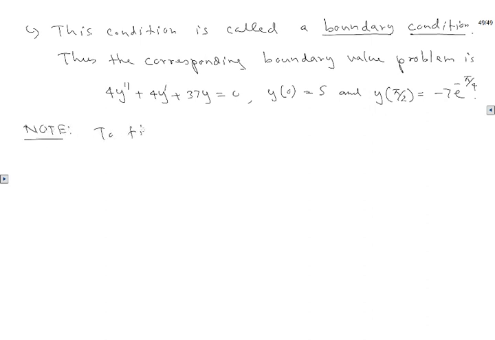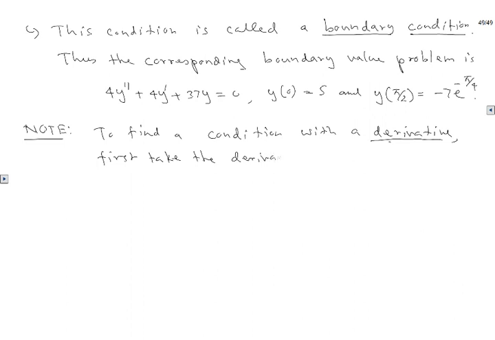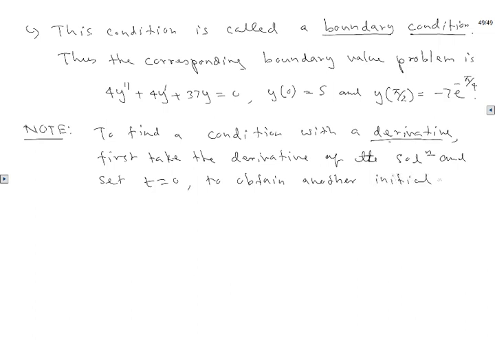To find a condition with a derivative, first take the derivative of the solution and set t equals 0 to obtain another initial condition.